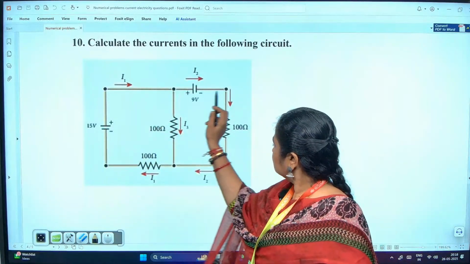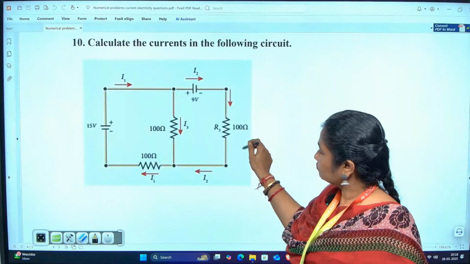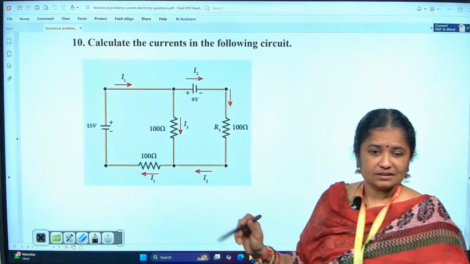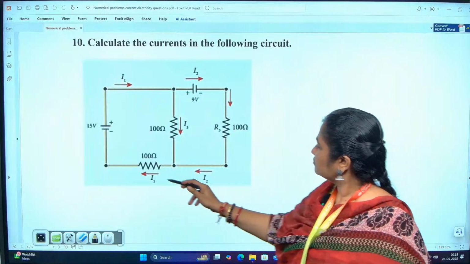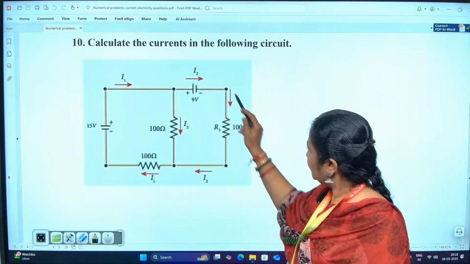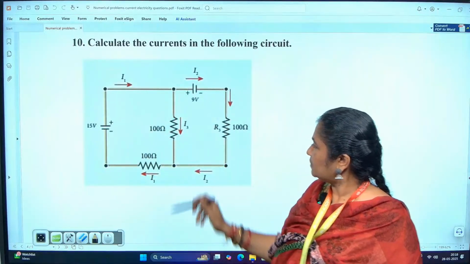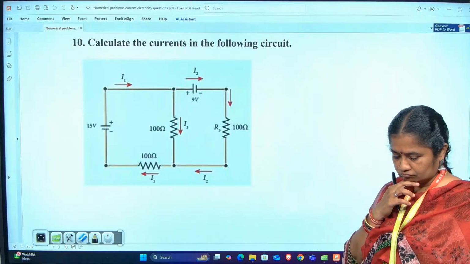If you are taking this bigger loop, it will be 100 I2 plus 100 I1 is equal to 15 minus 9, 6 volt. That is the second equation.